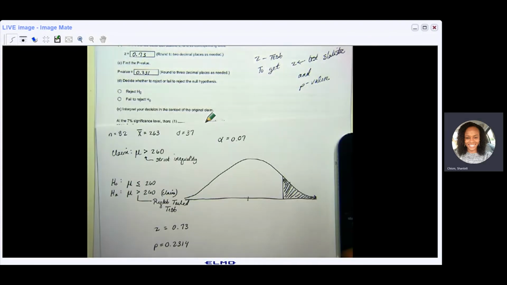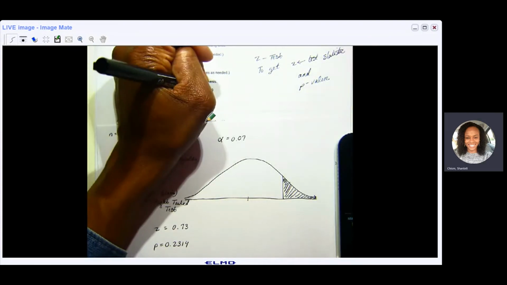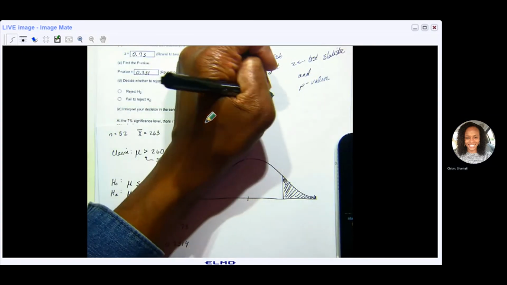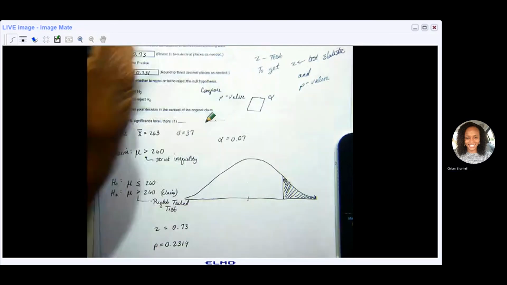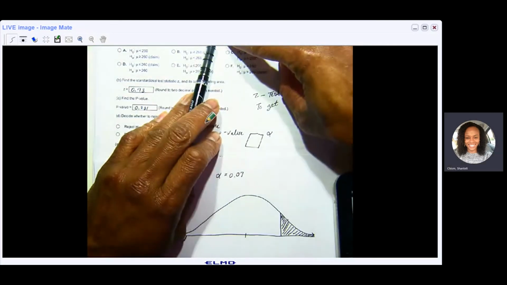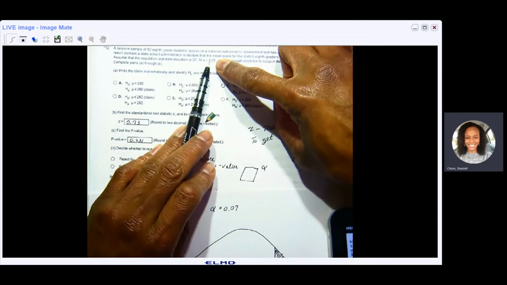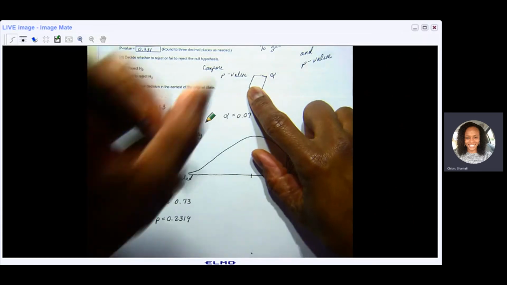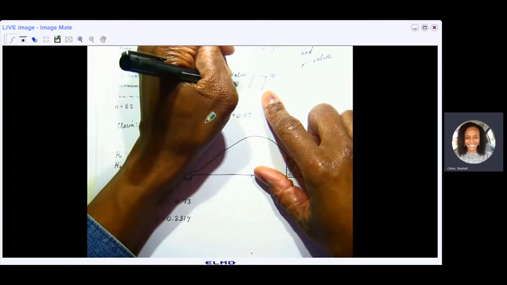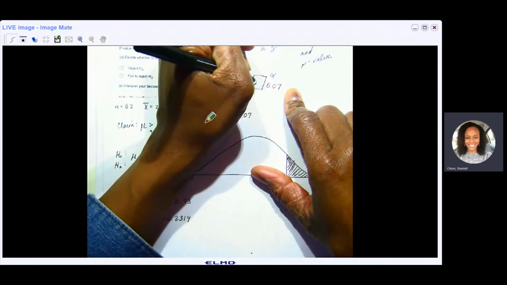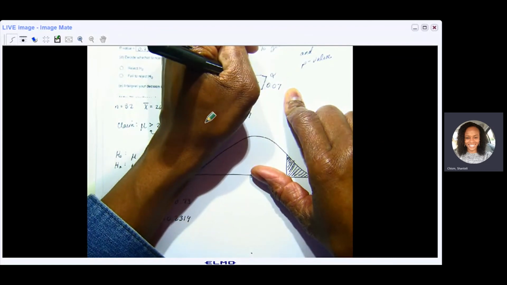And then, to make our decision, we compare p-value to alpha. Alpha is the test level, the level at which you're testing, which we're told is 0.07. So when we compare p-value, 0.231, to alpha, 0.07, p-value is definitely greater.